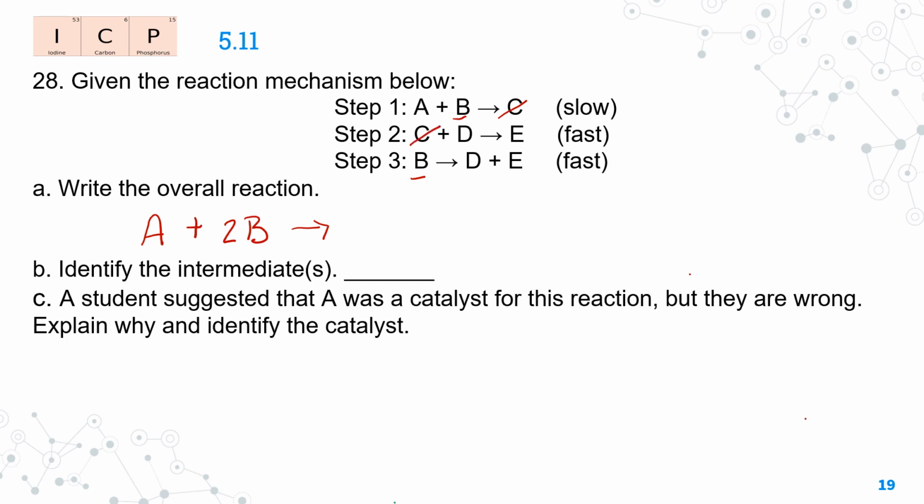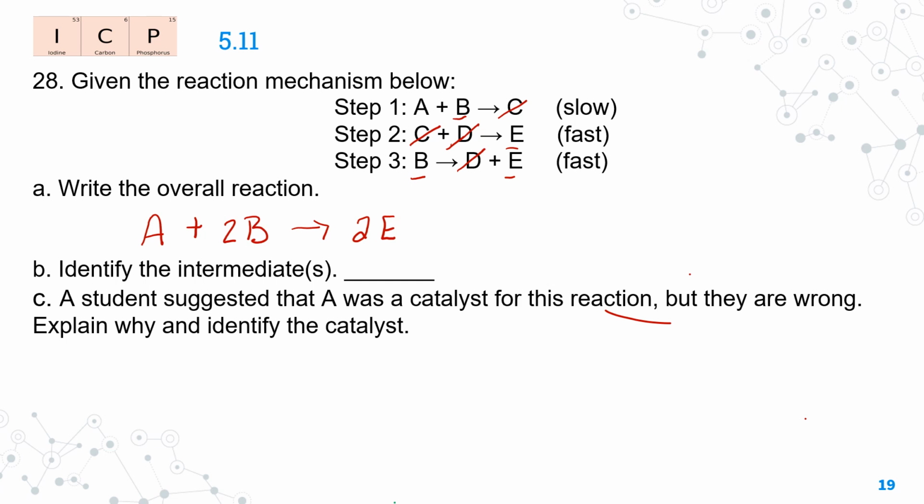My C is a product on one side and my reactant on another side, so that's going to cancel out. My D does the same thing. It's a product and then a reactant. And then I have 2 E's in my products. So my overall reaction is going to be A plus 2B yields 2E.